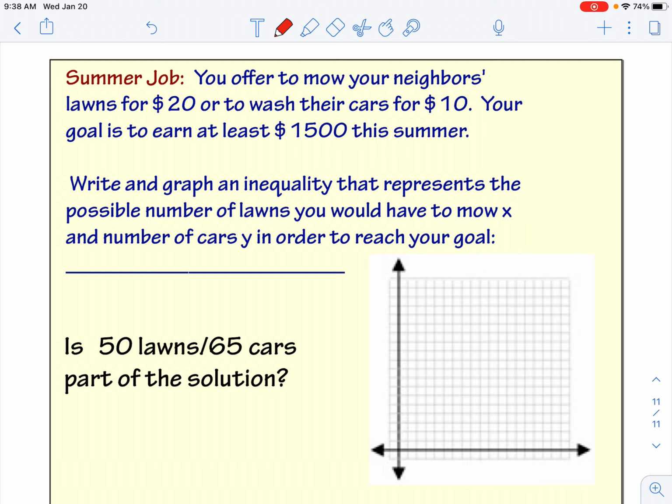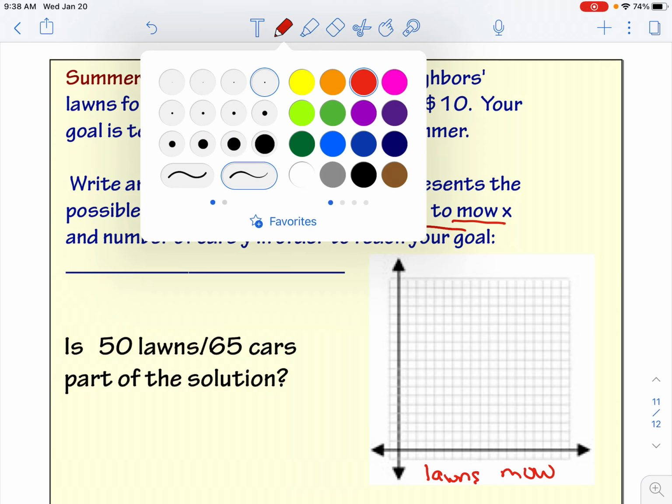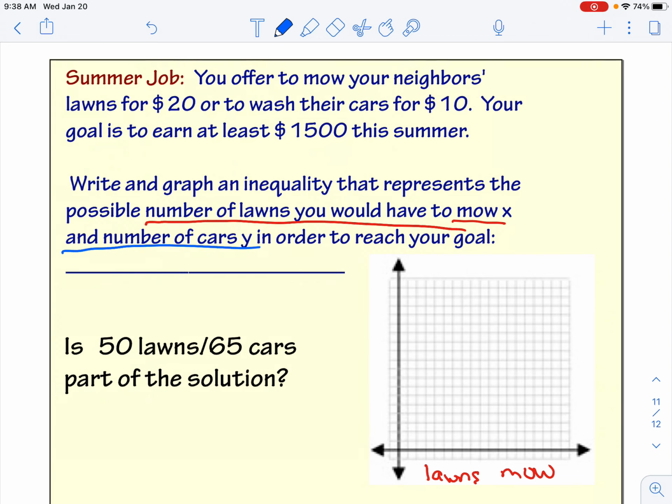So first of all, it told us that X is the number of lawns you would have to mow. So this is lawns that you would have to mow. And your Y value here is the number of cars. So this is the number of cars washed. Okay?